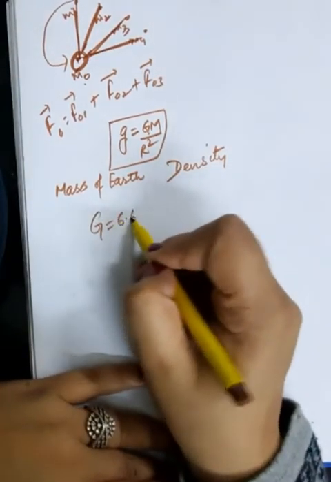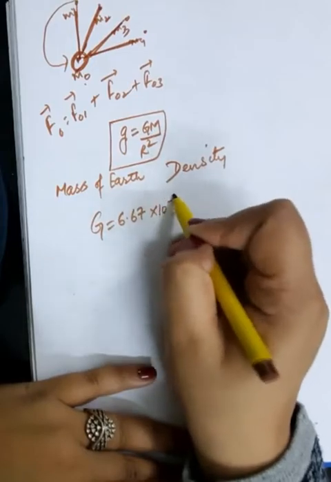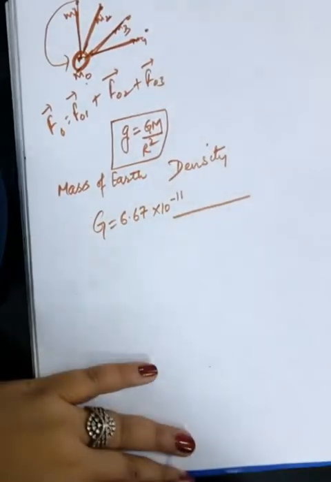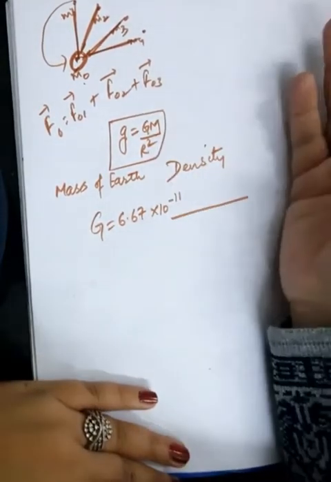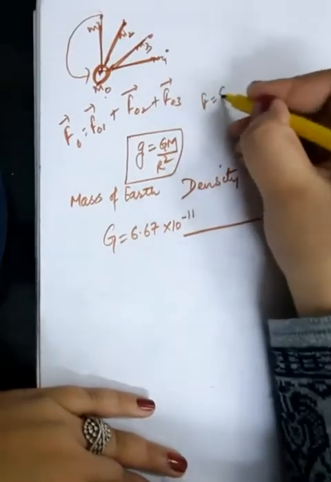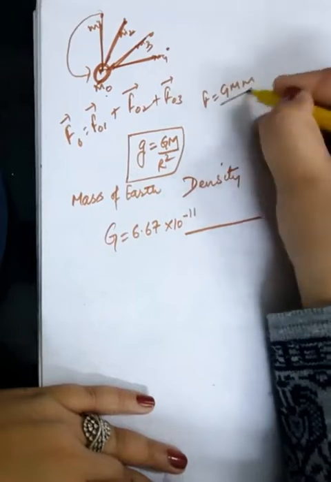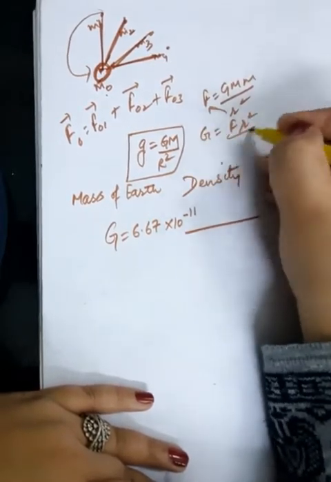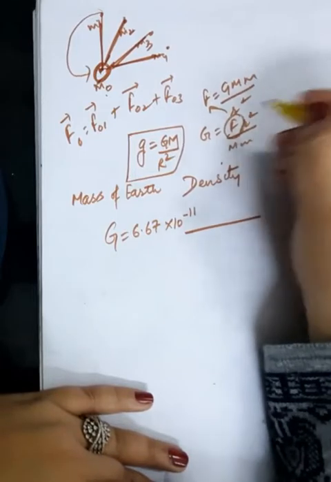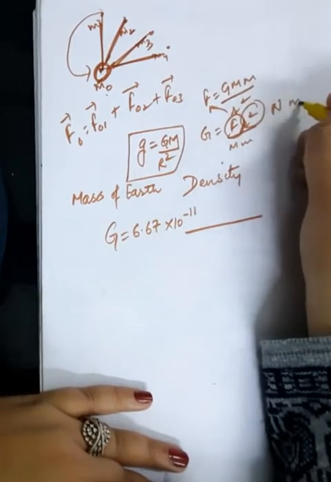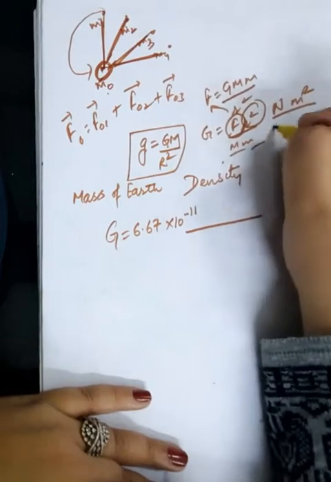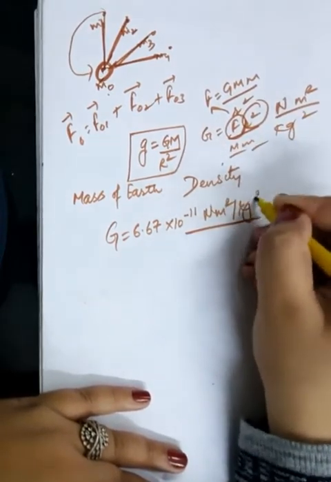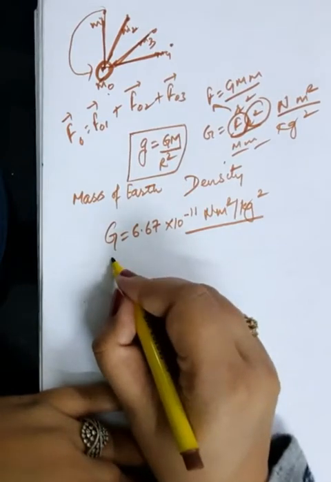Capital G is equal to 6.67 into 10 raised to the power minus 11, and there are certain units. What are those? If you don't remember in case, so F is equal to GMm upon R square, G is equal to FR square upon Mm, this is Newton, this is meter square upon kg square. So yes, Newton meter square per kg square. This is the value of capital G, okay?